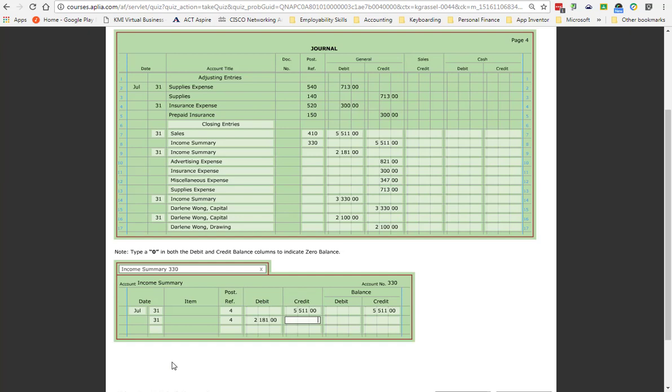Now, Justin, is it going to have a debit or credit balance? Which one's bigger? Your credit or your debit? Credit. So it's going to have a credit balance of $3,330 because my credit is larger. After I have posted that debit amount of $2,181 to income summary, I'm going to then go down and post to my advertising expense.